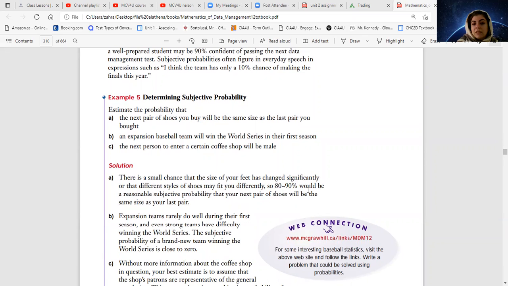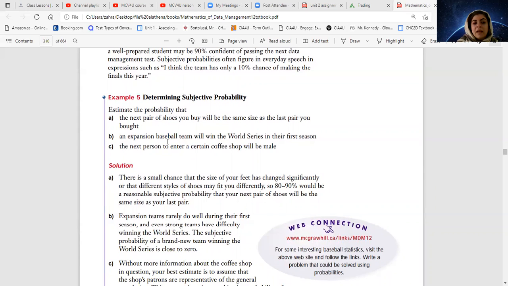So 80% or 90% would be a reasonable subjective probability that your next pair of shoes will be the same size as your last pair. Because let's say you are an adult, right? So each year the size of your shoe is not going to change much, right? So it's 80% or 90% likelihood that it will be the same size.